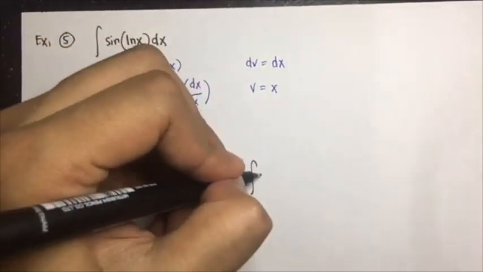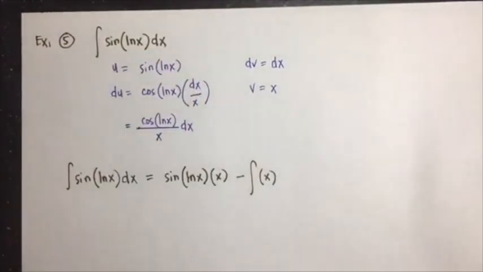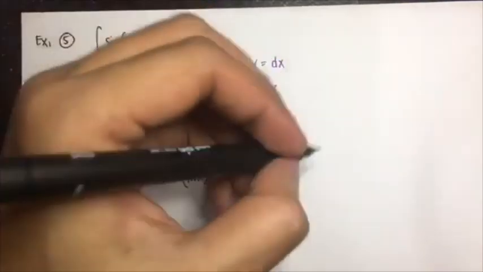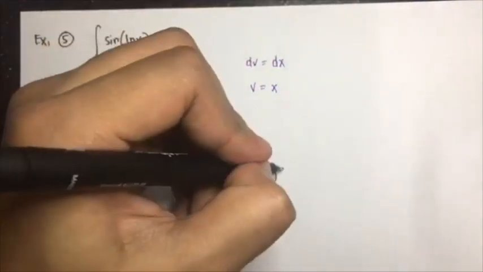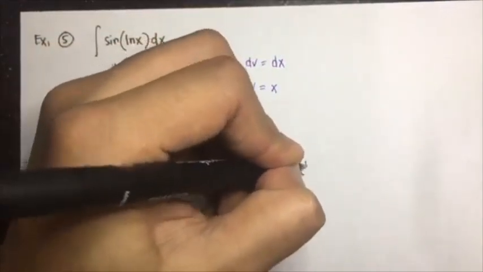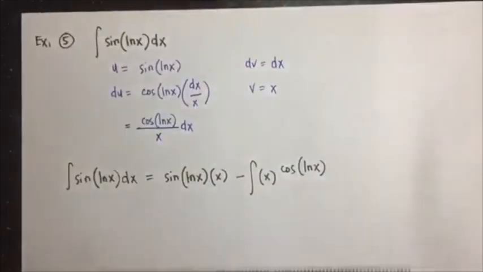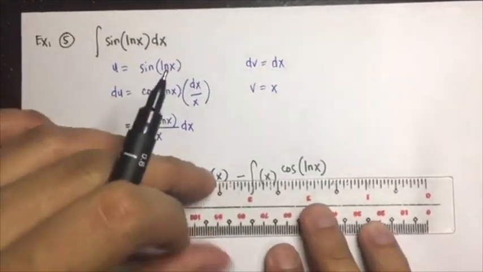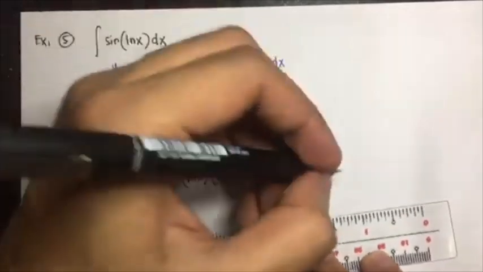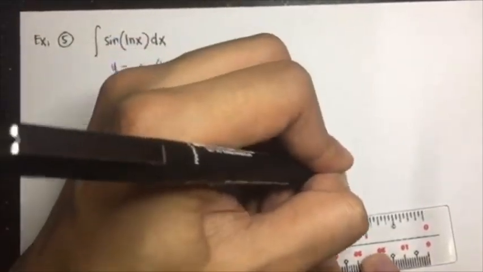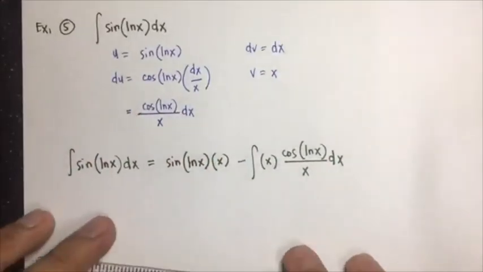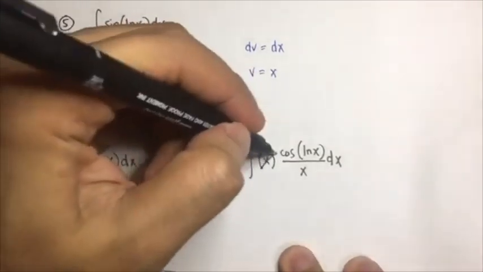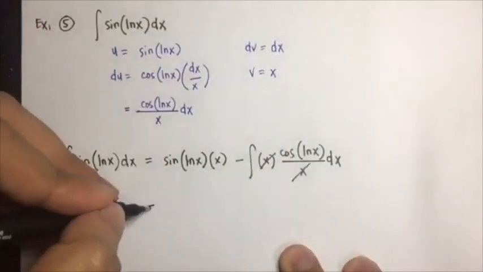Our v is x and our du is cosine of ln of x over x dx. As you can see, our x here will cancel.